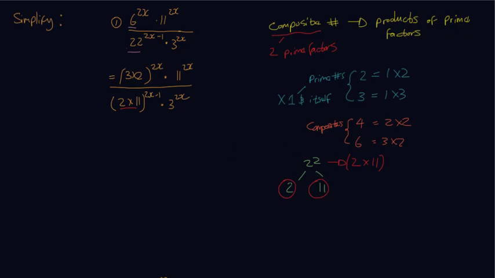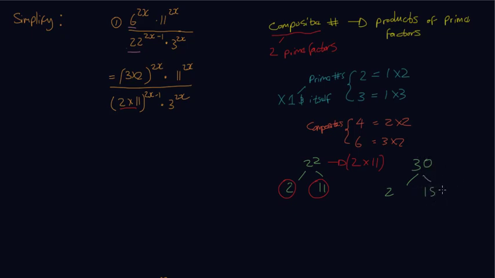And then let's say, just for an example, we had 30. So we divide by 2 because 2 is the lowest prime number. 30 divided by 2 leaves 15.